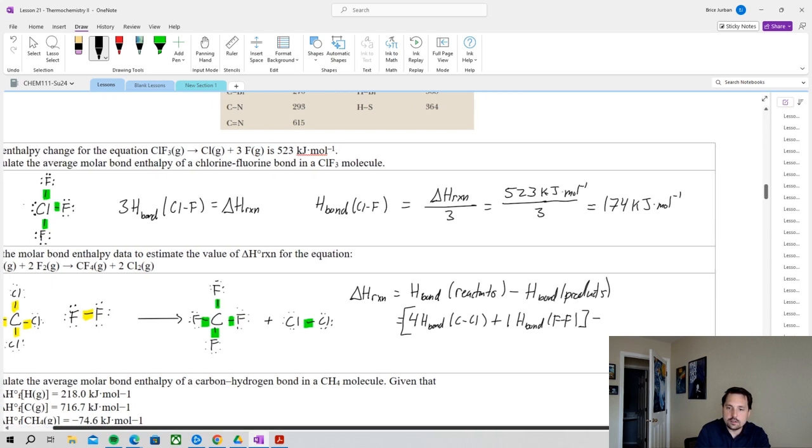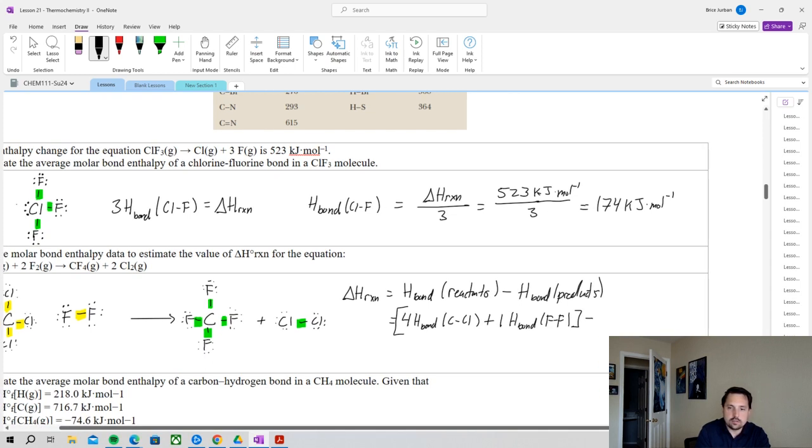And then on the right side, we'll have 4 times the bond enthalpy of carbon-fluorine, CF, plus 1 times the bond enthalpy of chlorine-chlorine.